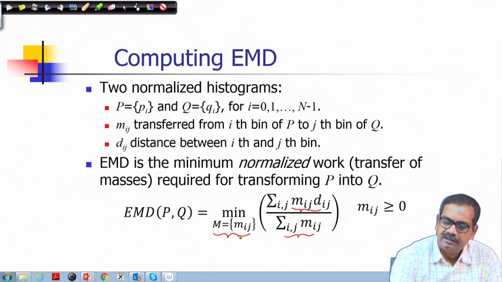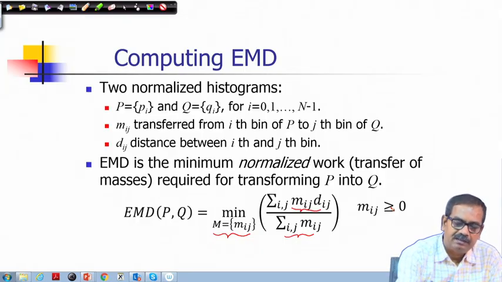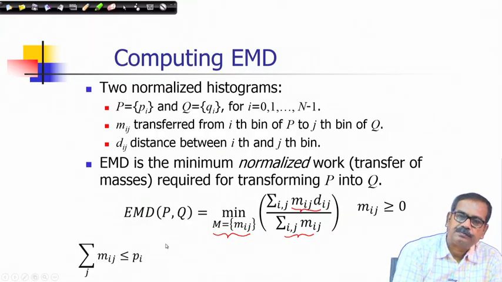One constraint is that every mass should be positive or 0. So, if there is a transfer, it has to be a positive transfer. The other is that the total transfer of mass from the ith bin of P should not exceed the content it has in that bin. That is the capacity that bin has to transfer masses to any jth bin of Q. That is expressed mathematically in this form.